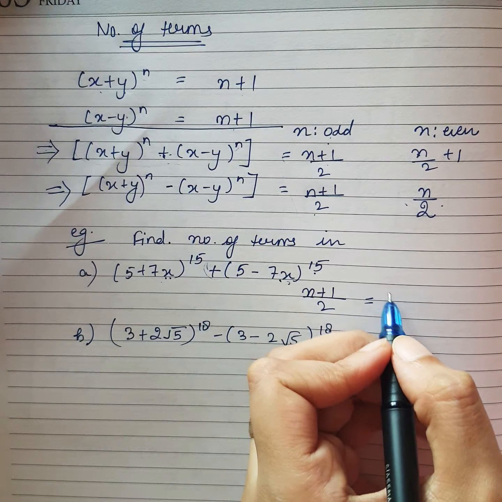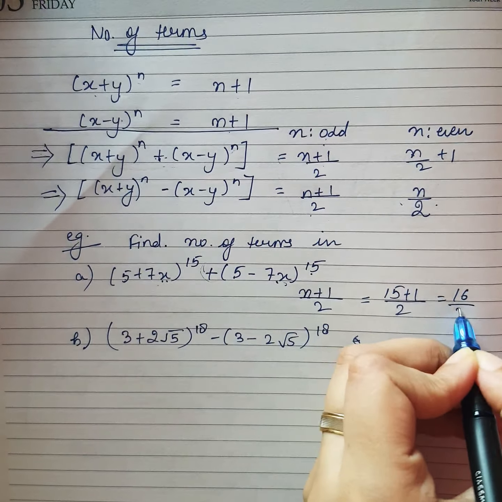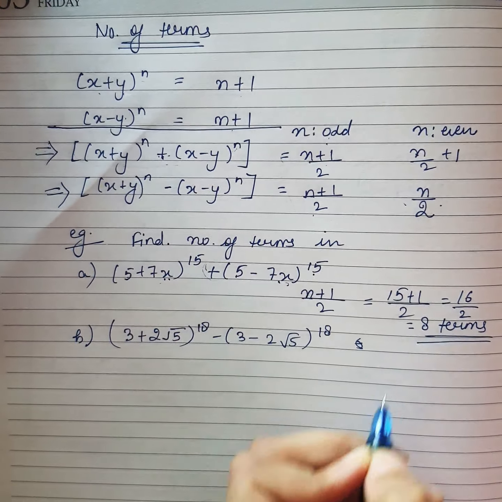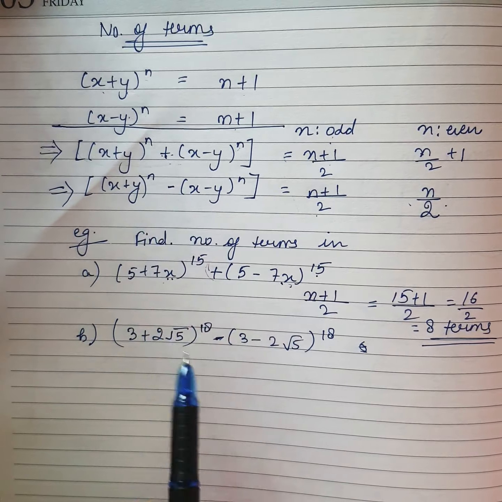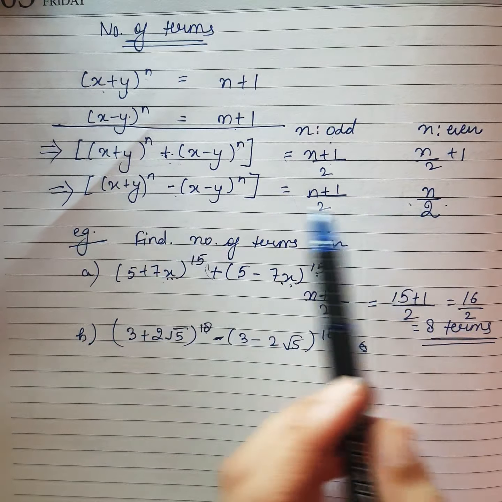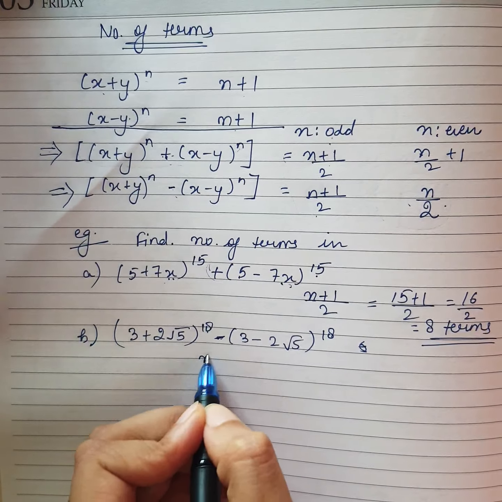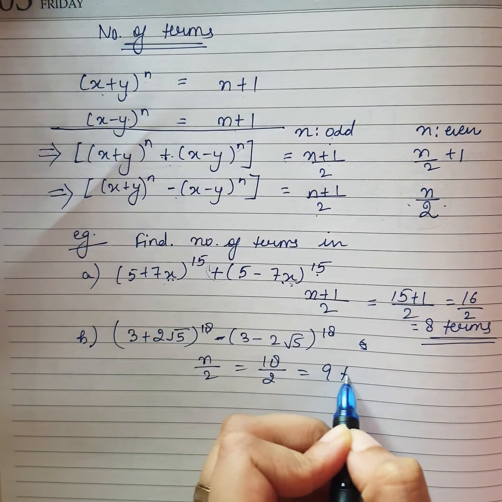So this expansion will have (15 plus 1) by 2, 16 by 2, 8 terms. Coming to this, it is negative and even power. So negative and even, n by 2 terms, so 18 by 2, 9 terms.